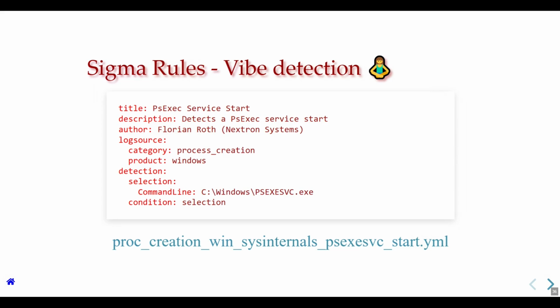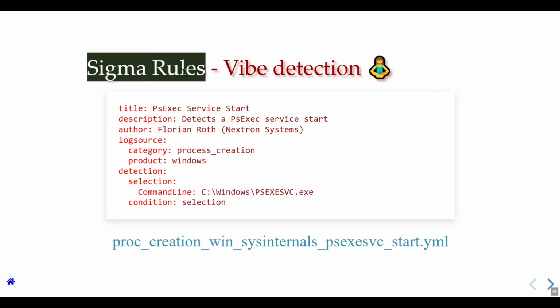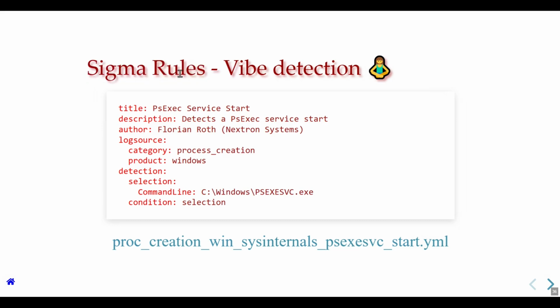So in order to solve this problem, we have something called the Sigma standard, Sigma rules. Sigma rules are supposed to make it easy for us to share this idea of what to detect with other systems, and to convey it in a more machine readable way.